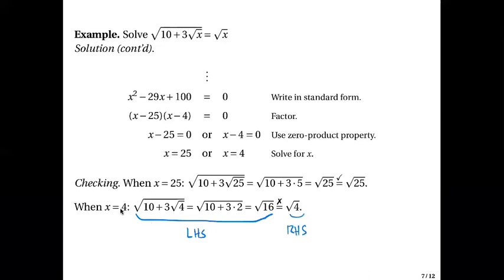So x equals 4, right-hand side, you have square root of 4. But the left-hand side, after substitution of x equals 4, we ended up with square root of 16. So they are not the same. Which means x equals 4 is not a solution. Therefore, the only solution is x equals 25.